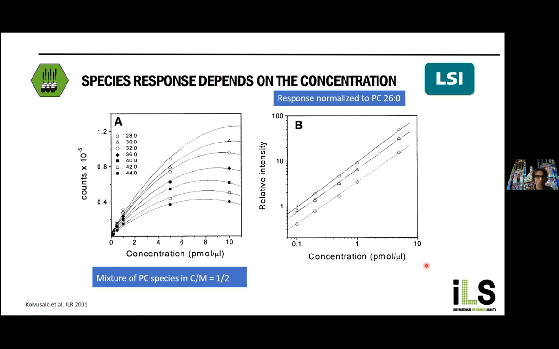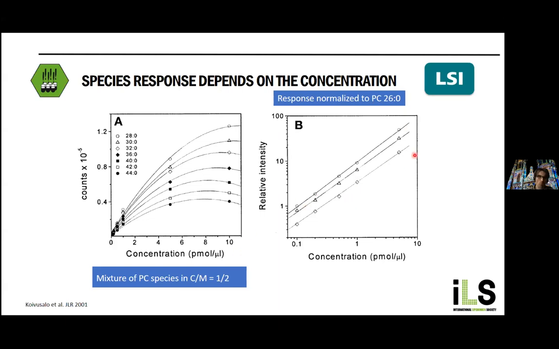And this is also a concentration dependent response. If you get too high a concentration, you see the signal does not increase linearly in these mixtures. But a good message is, if you do response normalization, in that case it's the PC 26:0, you see the relative intensity behaves quite linearly in a broad range.